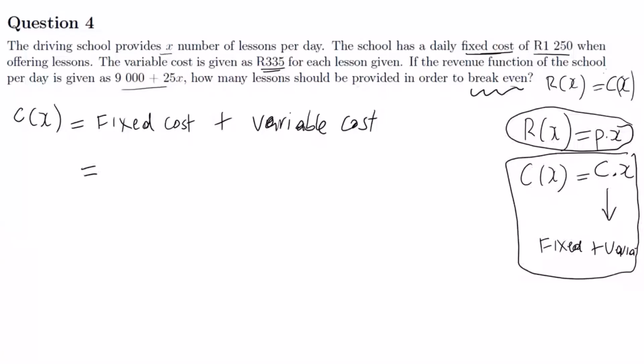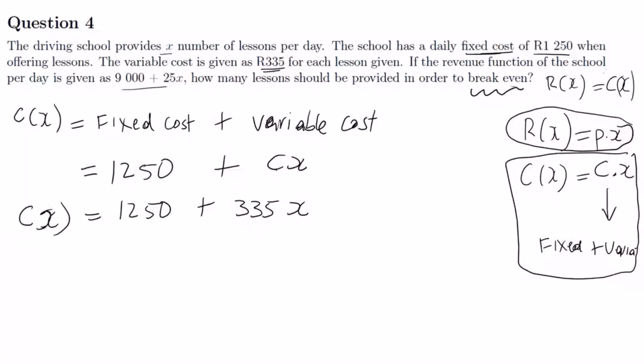So now your cost function will be 1250 plus the variable cost, 335x. That is your cost function that you derive from the information that is given to you. So you have decontextualized this into the mathematization part. So you've got your cost function.